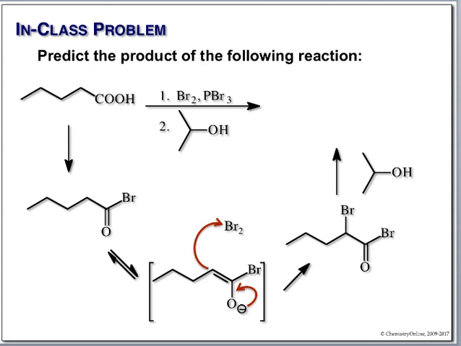Finally, when you have an acyl bromide, acyl chloride, whatever, in the presence of an alcohol, the alcohol will simply attack the carbonyl, bromine will leave, and we will make the ester.